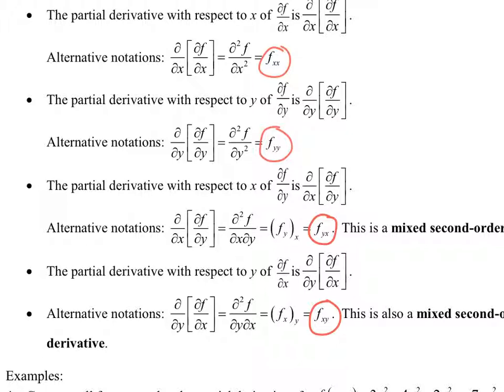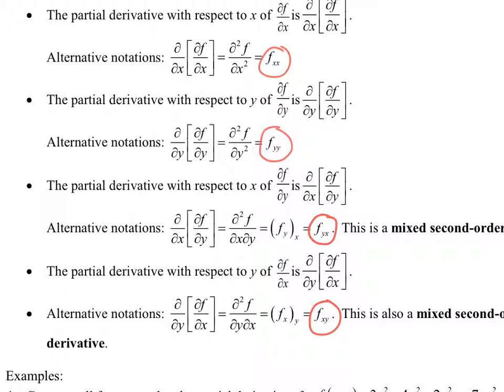So if I did my second order partial with respect to y, after taking the first order partial with respect to x, it should be f sub xy. If I write it the other way around, then I'm indicating the improper order, and it wouldn't be consistent with what I did, and therefore wouldn't be correct.